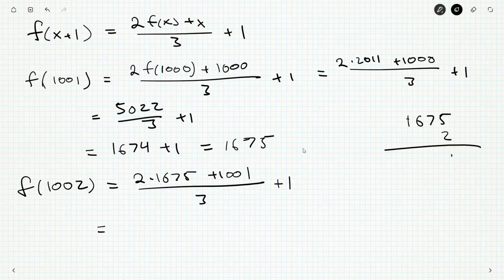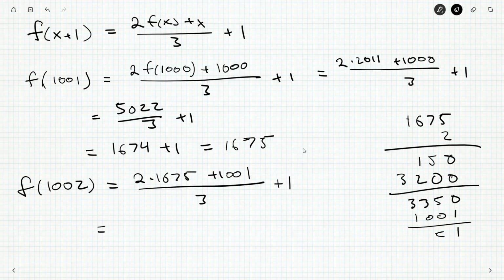So times 2, we'll get 3350 plus 1001, and then I need to divide that by 3.